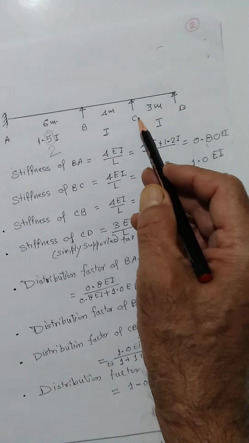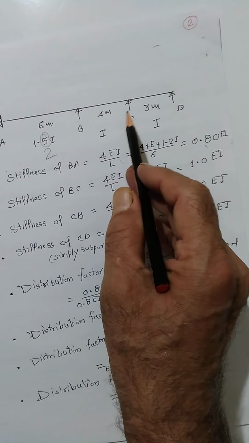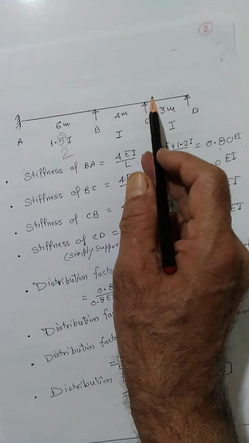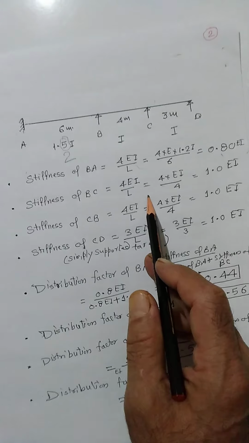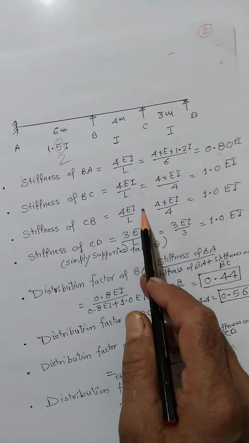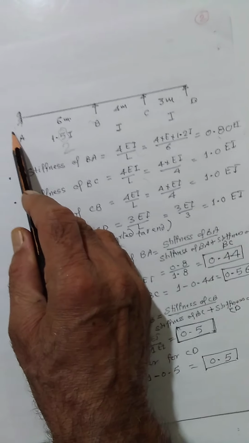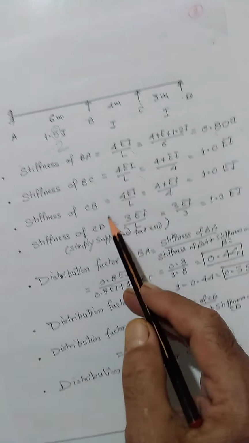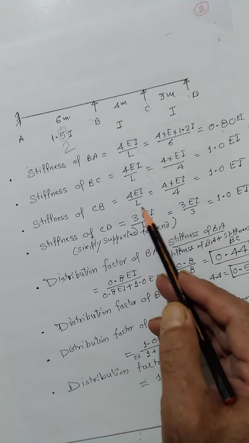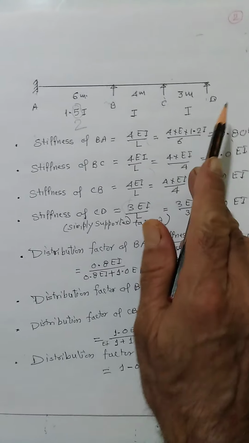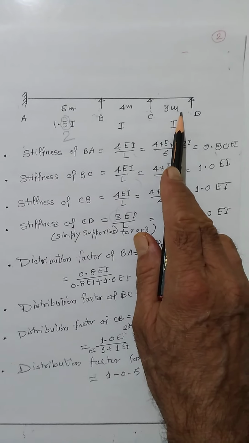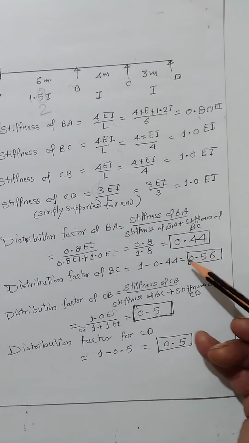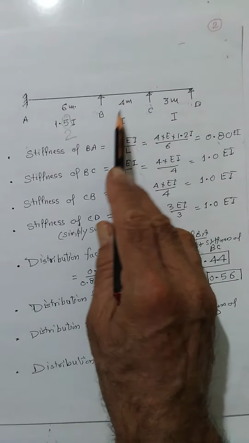Similarly, the stiffness for BC. Now, one thing: when another support is there, which is called a continuous support, which is also treated as a fixed support, this will also be taken as 4EI by L. Stiffness of CB, since the next support is there, is again taken as 4EI by L. But when I am approaching towards CD, it is 3EI by L, because the last end is simply supported and the stiffness will be 3EI by L. Then I have calculated all the stiffnesses, that is for BA, BC, CB and CD.